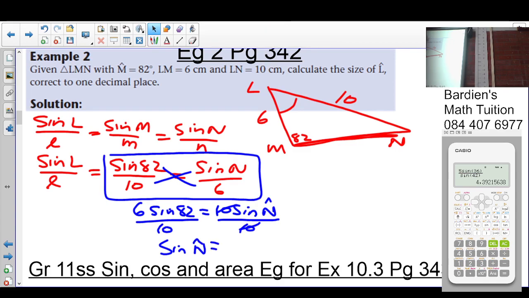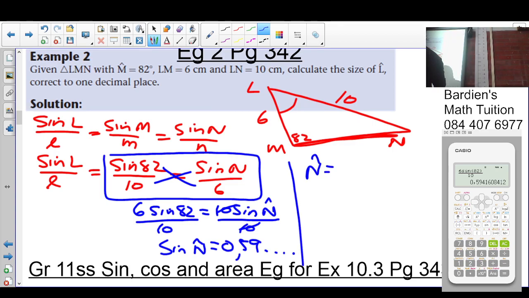6 sine 82 over 10, which is 0,59, of course the number carries on. So how do we get angle N on its own?